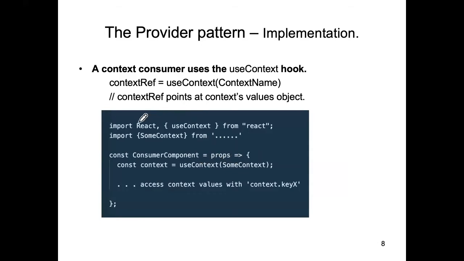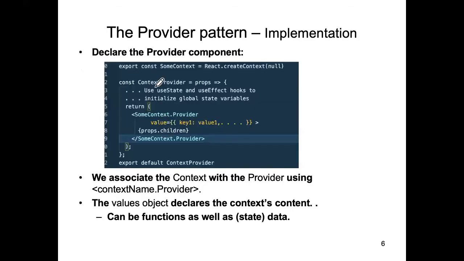This is something that I'm importing, you can see here. And what am I actually importing? Well, if I go back two slides, I'm not importing the provider component. What I'm importing is this guy up here.